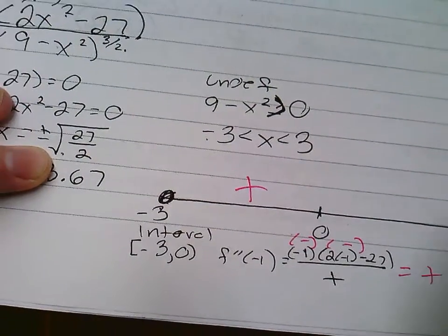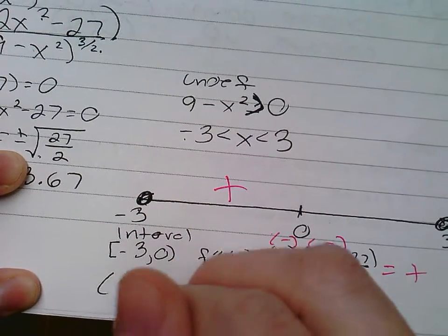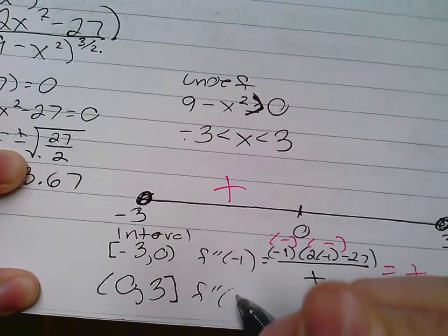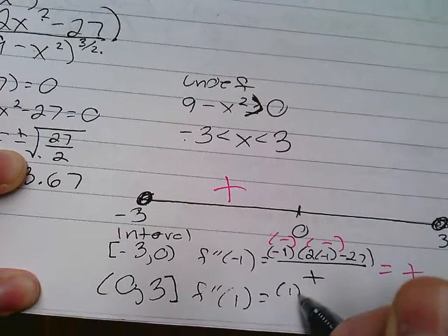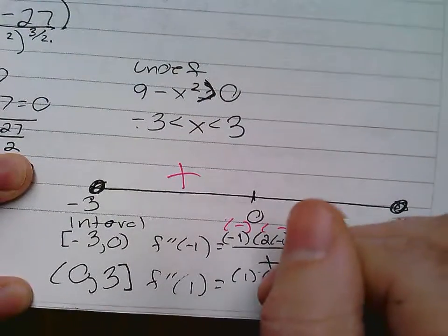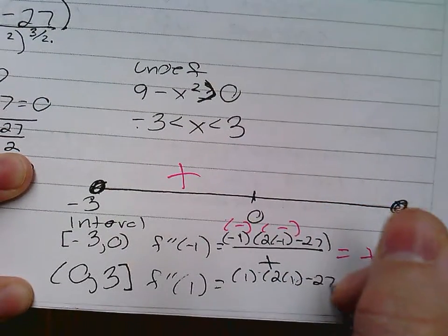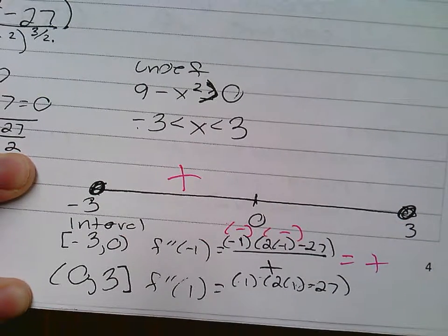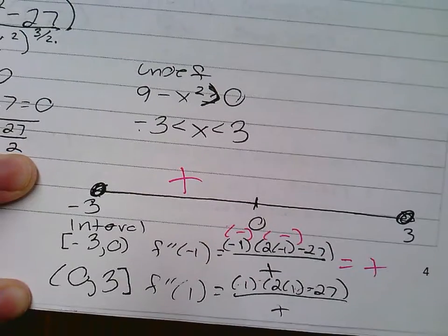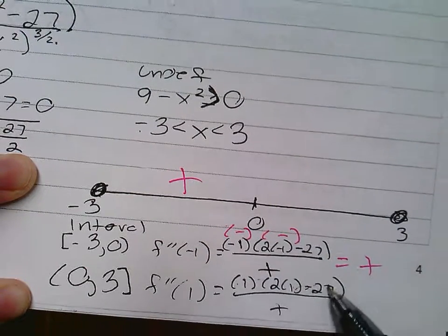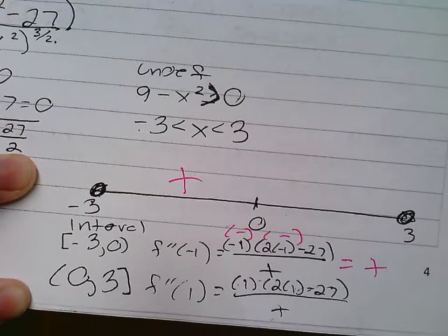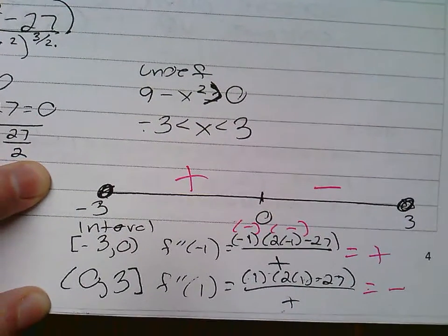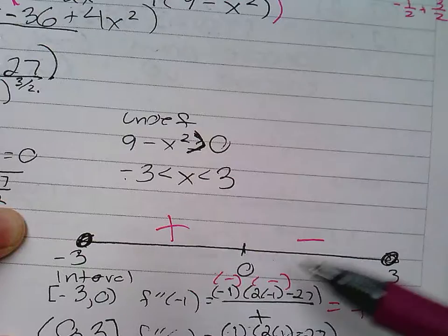And then you have 0, 2, 3. f double prime of 1 is going to be 1 times 2 times 1 minus 27. So 1, negative, positive: positive, negative, positive is a negative. Okay. So we have a point of inflection at 0, but wait, we're not done.